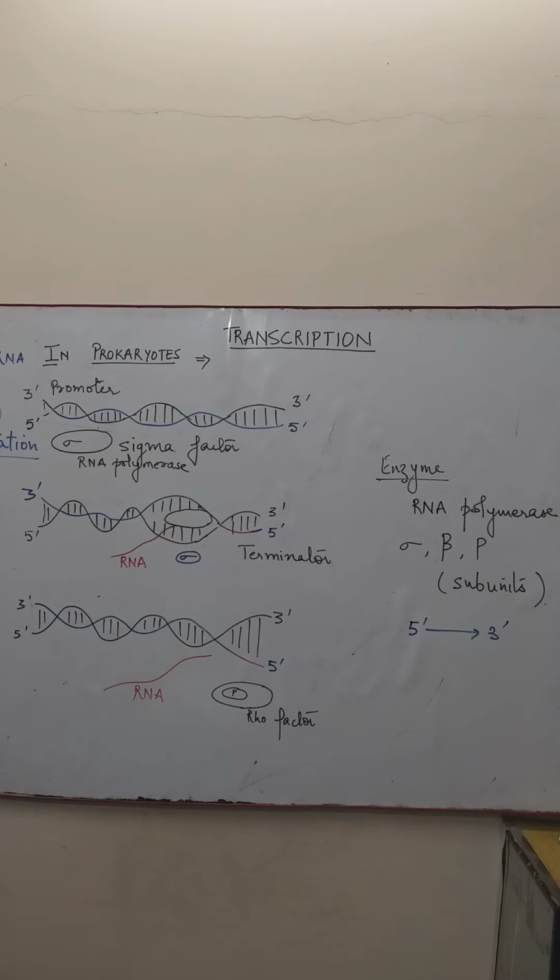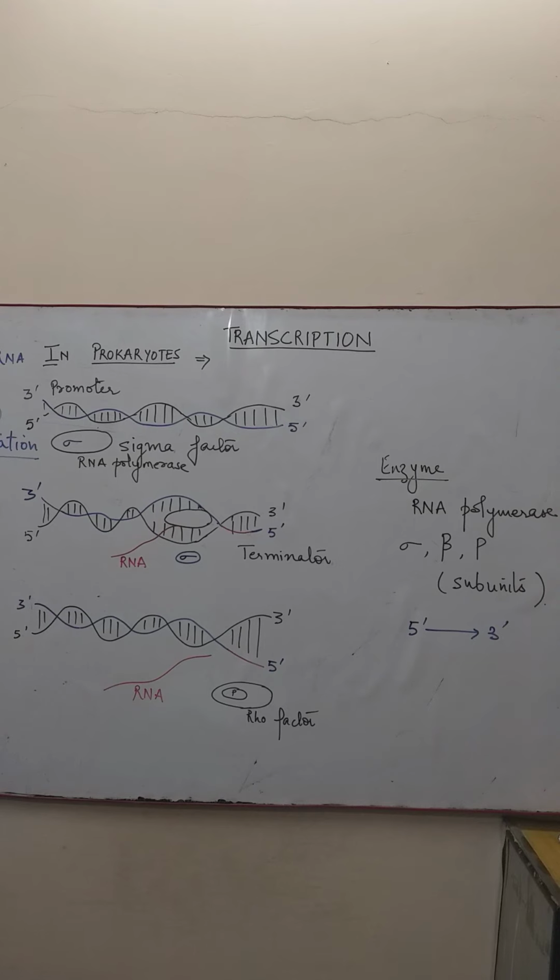Now the DNA as a result starts unzipping, and only the strand with 3' to 5' polarity, which is marked in blue, acts as a template strand over here, and it will be coding for the synthesis of RNA.